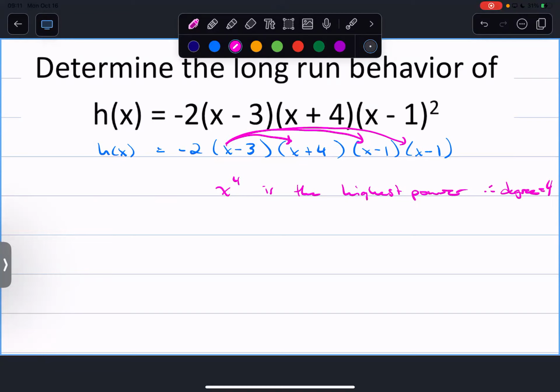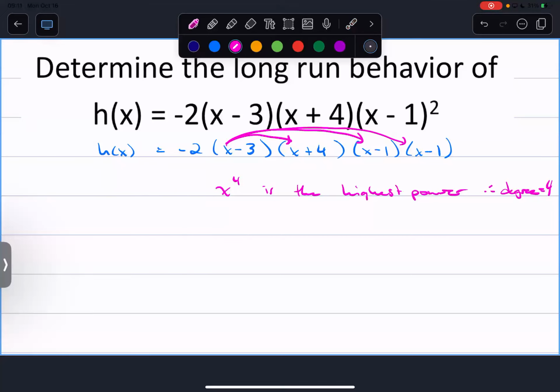We need the long run behavior of this thing, which means that we need the entire leading term. Now, if you expanded this out, you would end up with just an x to the power of 4 because there are no coefficients on these x's. And so the leading term would be -2x to the power of 4, right?